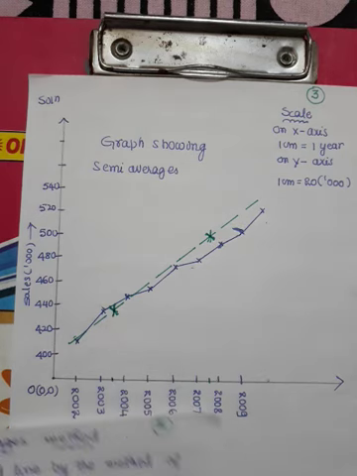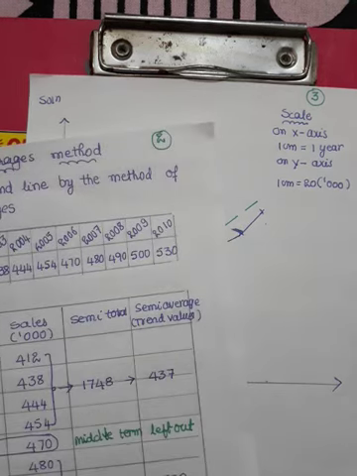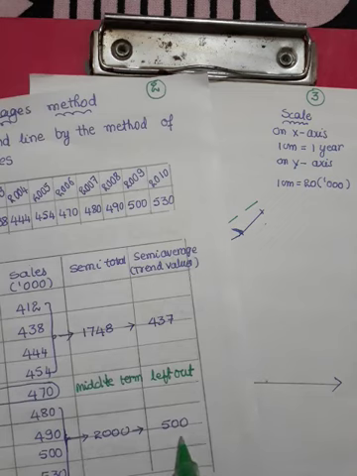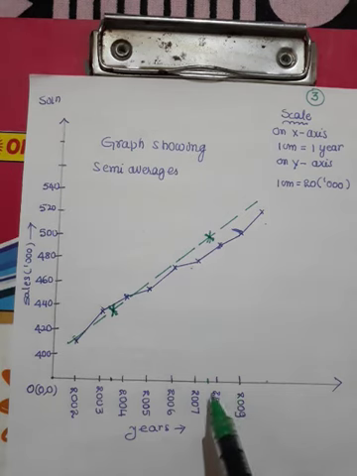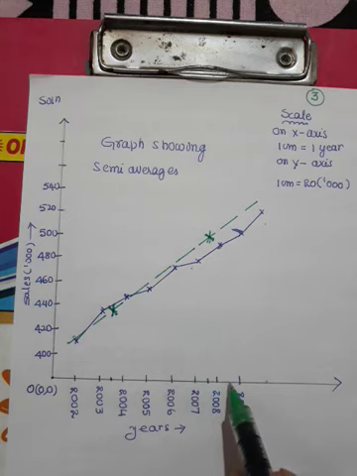Next, for the second half, the semi-average is 500. This corresponds to 2008.5. So for 2008.5, it is here.